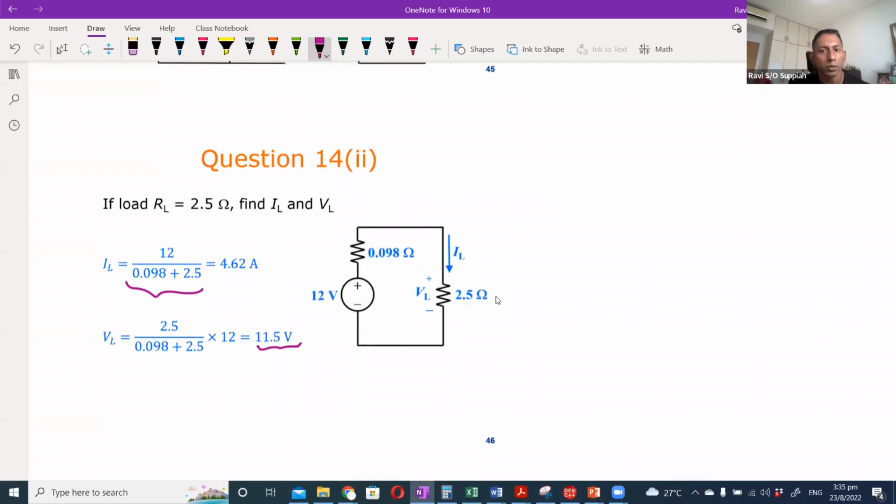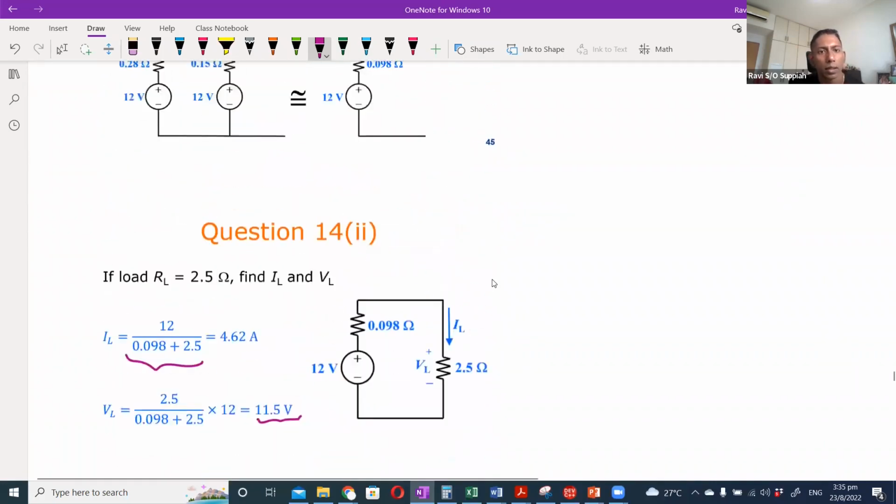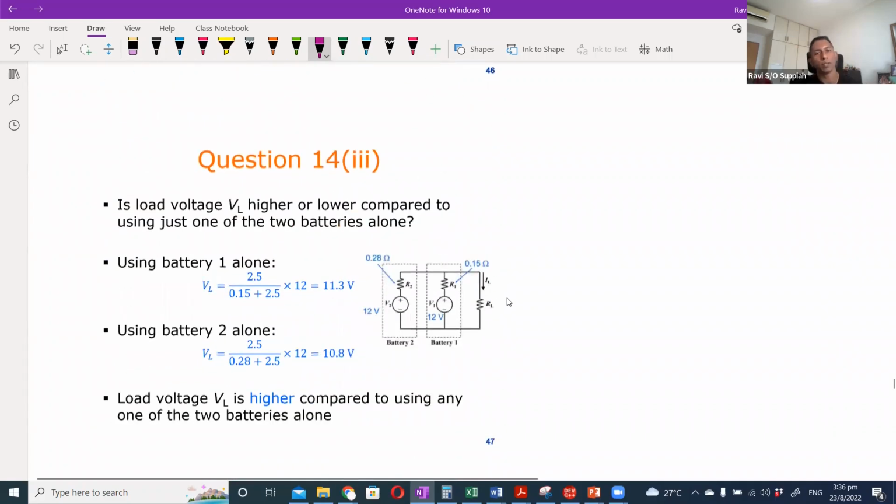Now, the next question is whether the load voltage is higher or lower compared to using just one of the two batteries alone. If I use just a single battery, that means if I use battery 1 alone, I take it like this, 0.28, and then I connect my load.